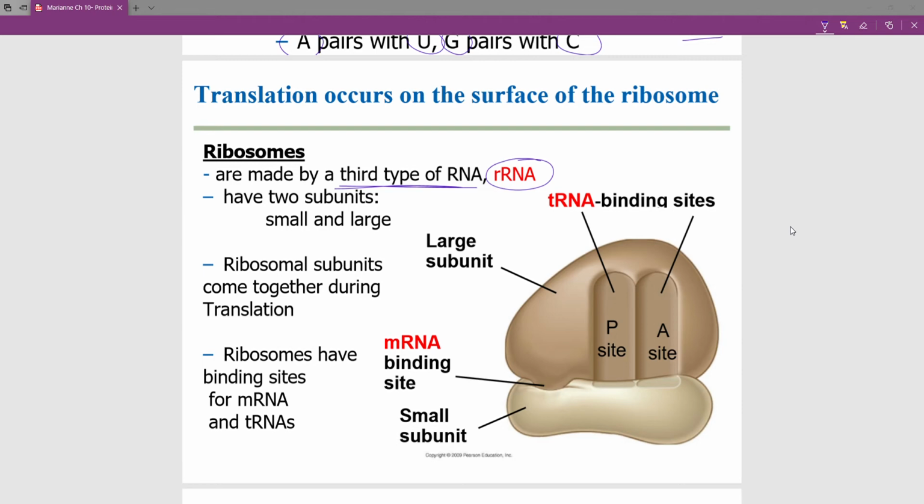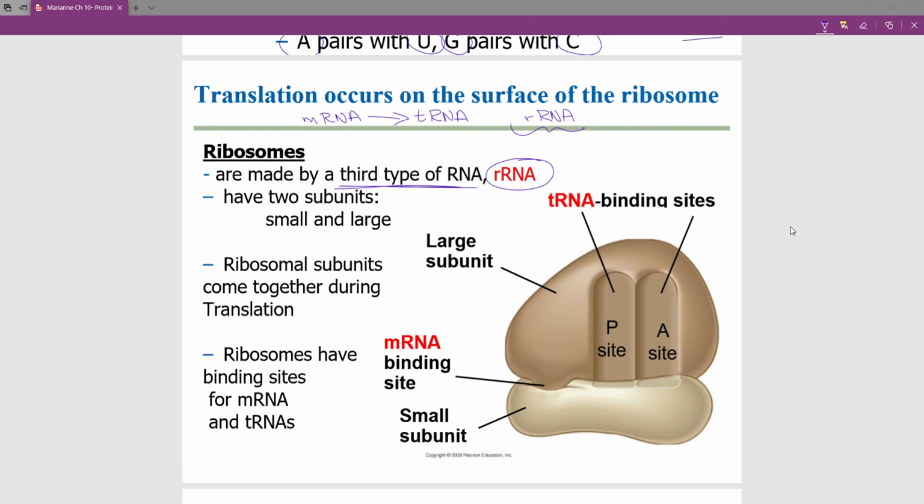And so we have 3 kinds. We have messenger RNA, we have transfer RNA, and now we have ribosomal RNA. Ribosomal RNA really just factors into making the ribosomes. We're not going to really talk about that process, but we have been talking about how messenger RNA relates to transfer RNA, and that's really the story of translation.